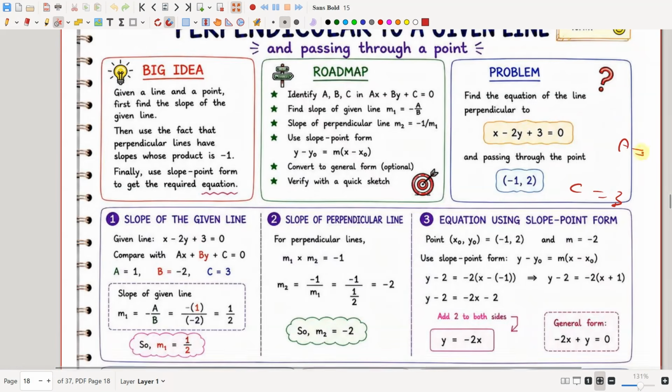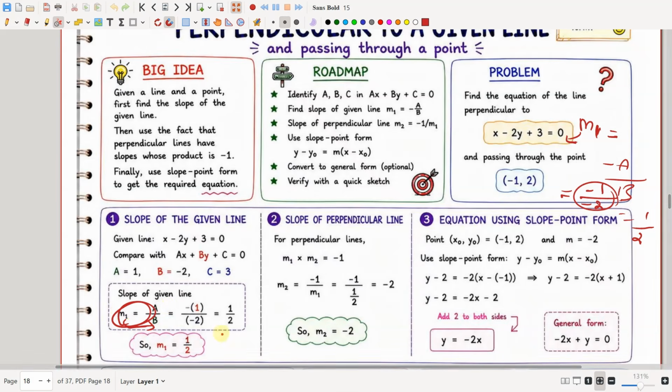Using this, I can find m1, the slope of this line, is equal to minus a by b, which is -1 divided by -2, which is 1 by 2. The slope of this line is 1 by 2.